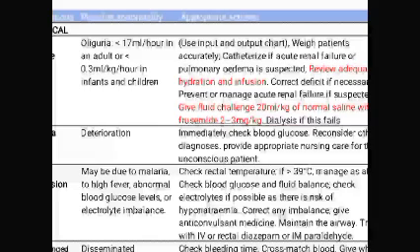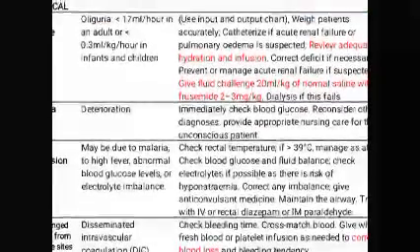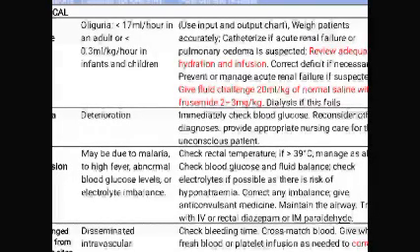Check blood glucose and the fluid balance. Check electrolytes if possible, as there is risk of hyponatremia. Correct any imbalance. Give anticonvulsant medicine. Maintain the airway. Treat with IV or rectal diazepam or IM paraldehyde.